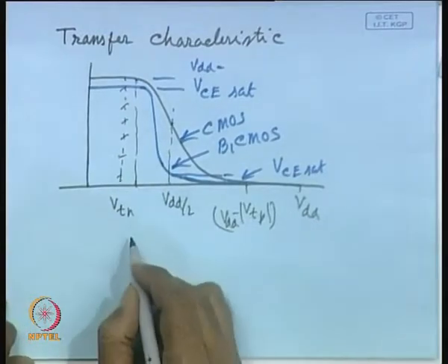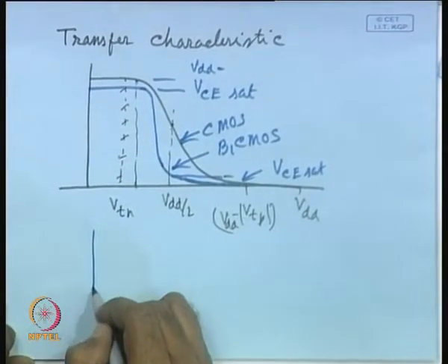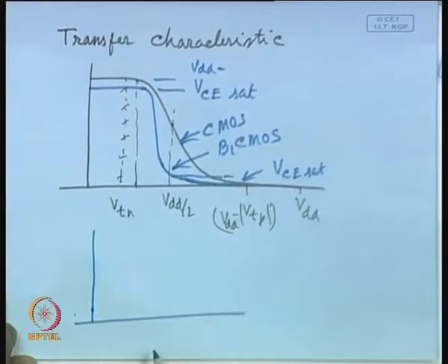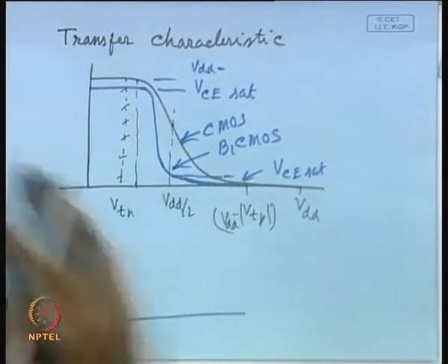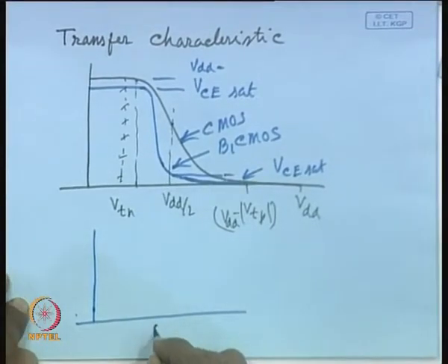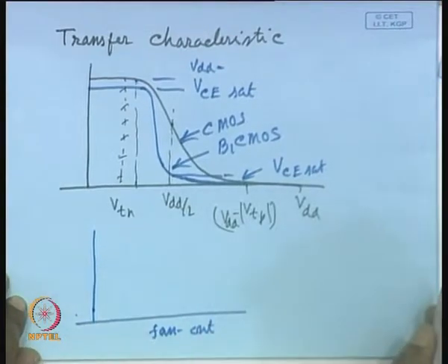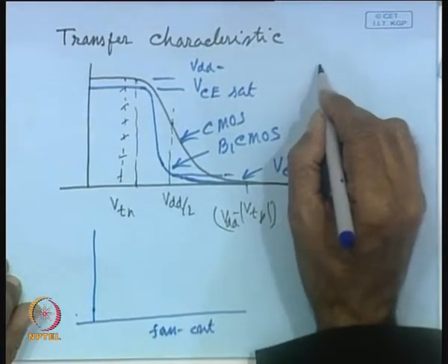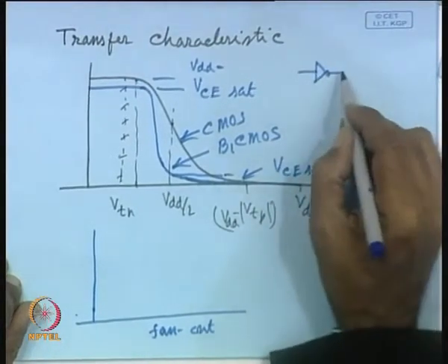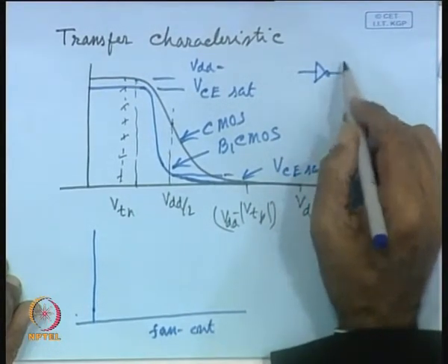Now, let us study another behavior: how the inverters behave whenever you change the fan out, not fan in, fan out. What is fan out? Say here is an inverter. An inverter will be driving several loads.